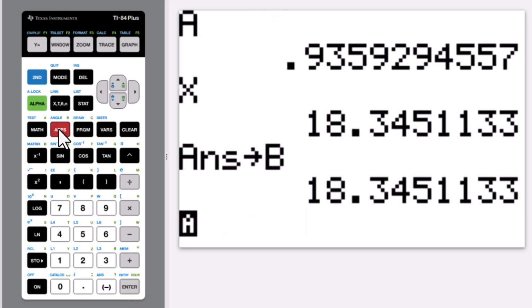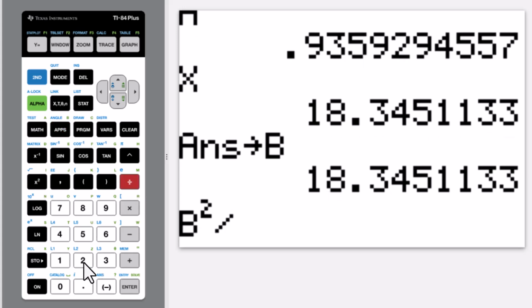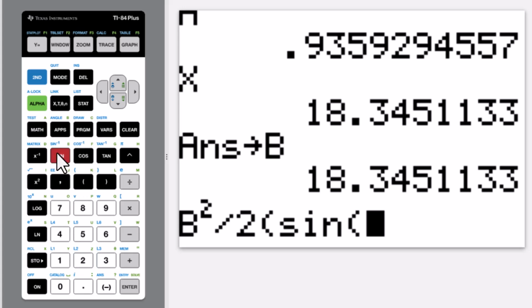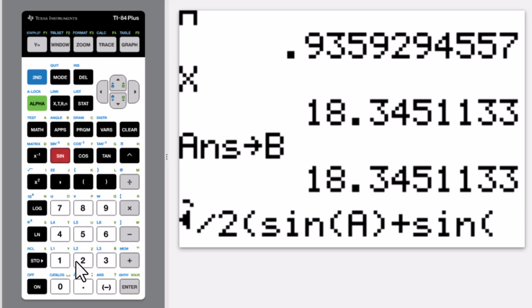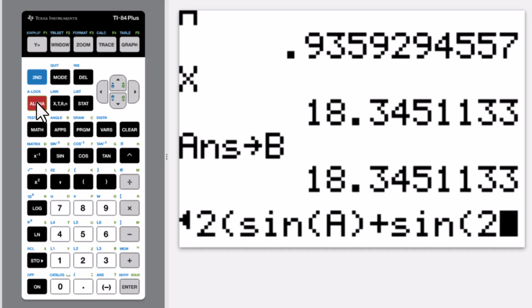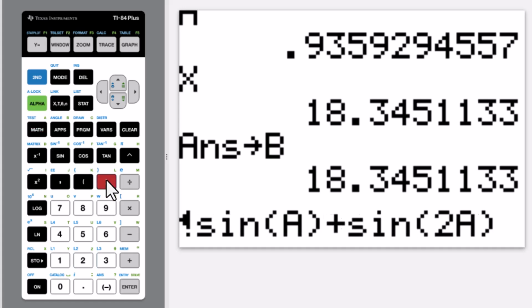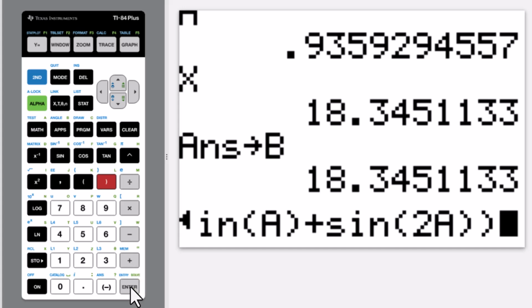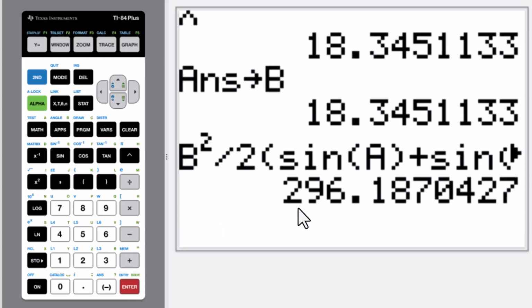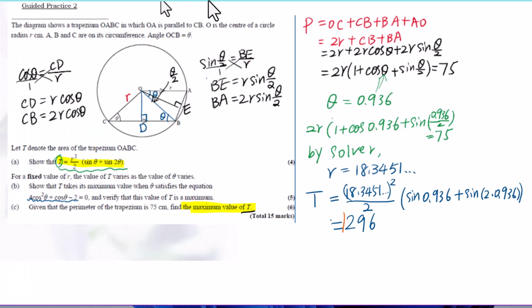Then B squared divided by 2 times sine A plus sine 2A. Enter. 296 for maximum of t. This is the maximum value of t.